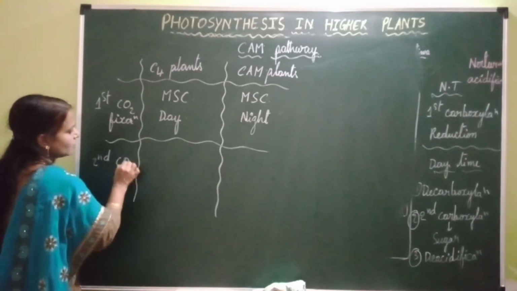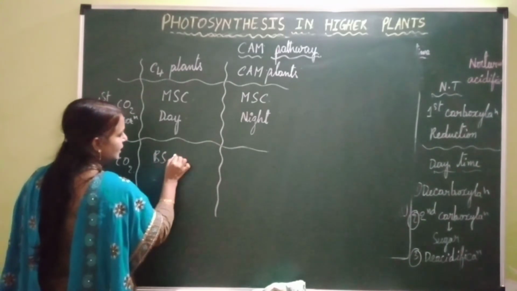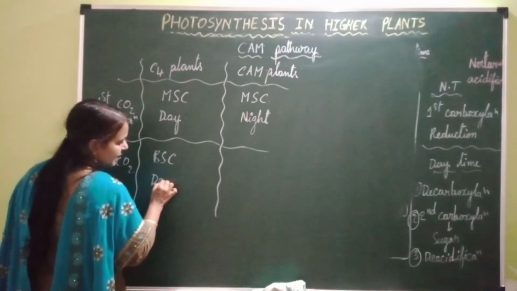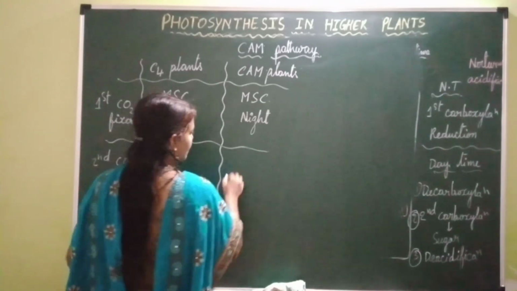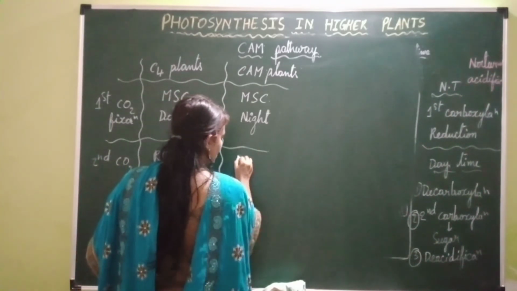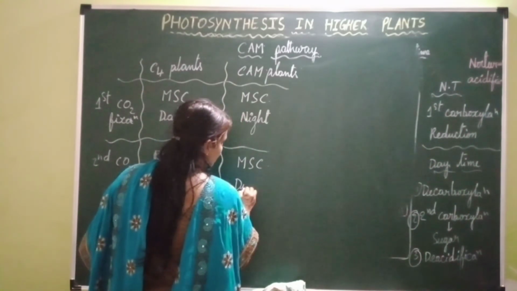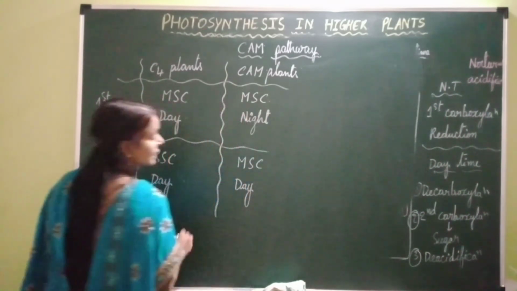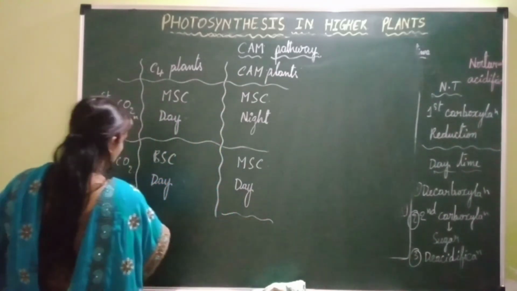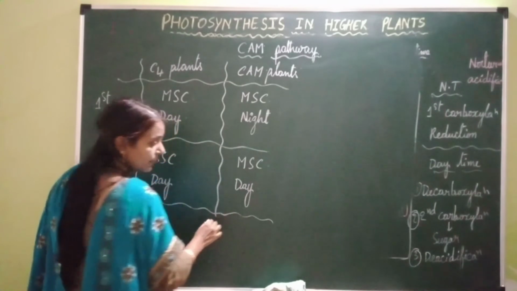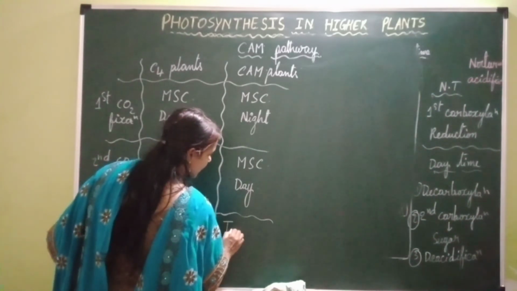Next, coming to second carbon dioxide fixation. In C4 plants, second carbon dioxide fixation occurs in the bundle sheath cell, during the same time, daytime only. And in CAM plants, the second carbon dioxide fixation also occurs in the mesophyll cell, but during daytime. So in CAM plants, the first and second carbon dioxide fixation are separated by time, hence it is called temporal variation.